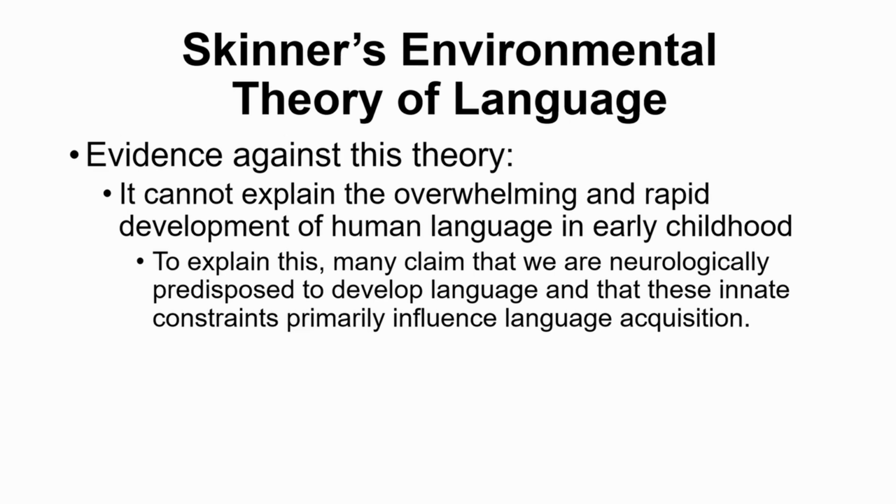So they're pointing to that and saying, okay, if you can't explain this rapid acquisition of vocabulary, then what good is this model? To try and explain how we can learn things this quickly, a lot of others, specifically Chomsky and his nativist theory, which we'll talk about in the next few slides, would claim that we have some neurological predisposition to acquire language.